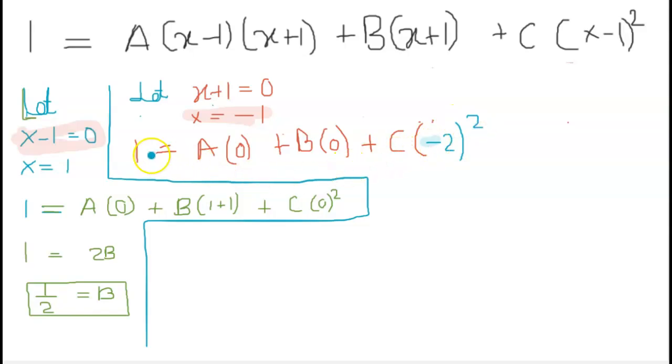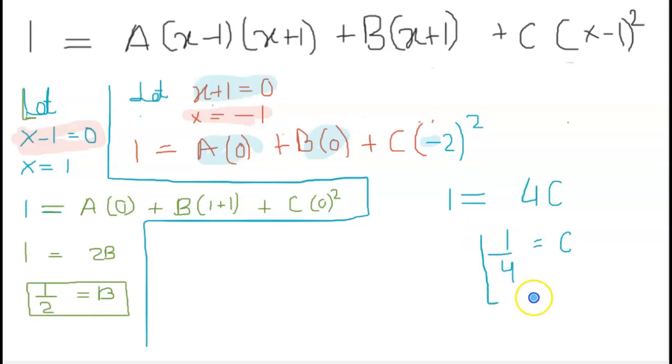So now I got x plus 1 equals 0. When I did that one, this thing will become a 0, this thing will become a 0, and this thing will become a 0. And I will get 1 equals 4c, which means c is going to be 1 over 4.